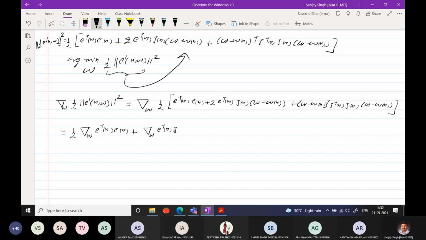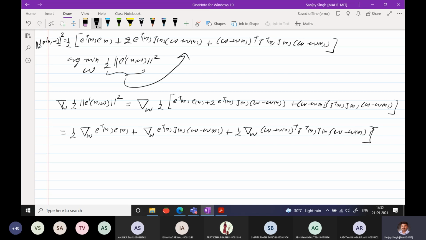So I'll write here nabla W of E_n^T J_n (W minus W_n), plus this will go inside here 1 by 2 nabla W of (W minus W_n)^T J_n^T J_n (W minus W_n).